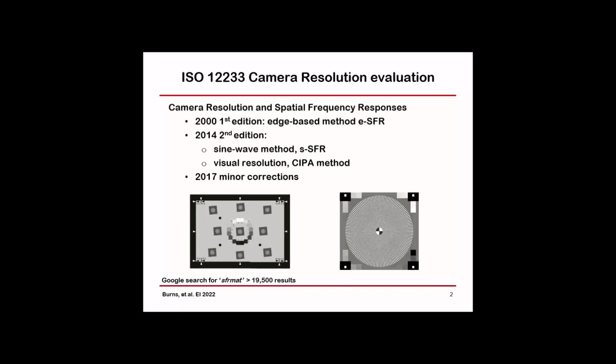The second edition added two other methods: the sine wave method, so-called SSFR, derived from the target on the lower right, and a visual resolution measure, the so-called CPA method. In 2017, there were some minor corrections and revisions. This current version has more changes than 2017, some of which were considered but not adopted at that time.